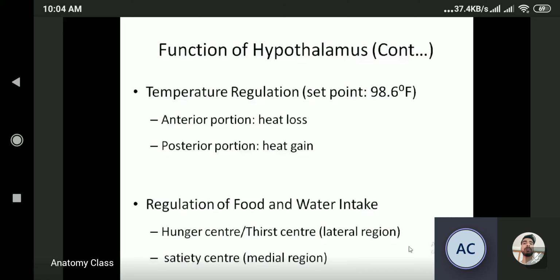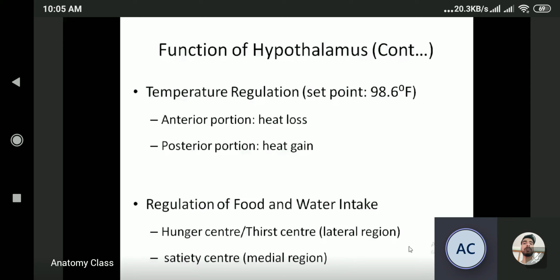The next function is regulation of food and water intake. The hypothalamus has a separate hunger center and thirst center. These are present at the lateral region of the hypothalamus, while the satiety center or satisfaction center is present at the medial region. If in some individual the lateral region of the hypothalamus is stimulated, the person feels excessive thirst and excessive hunger.